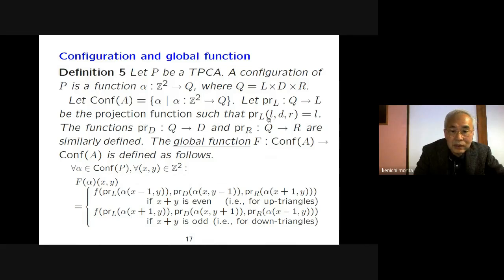For example, PRL chooses the state L from a combination LDR. PRD and PRR are similar. But the meaning of this formal definition is clear from the previous figure. Therefore, I omit a detailed explanation for this formula.